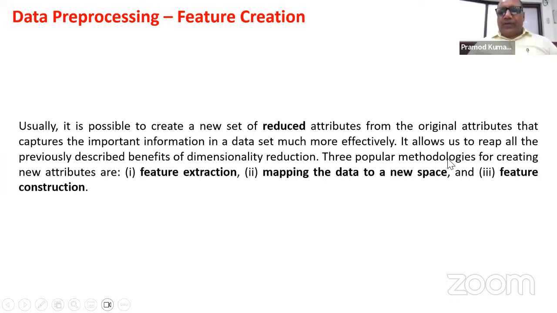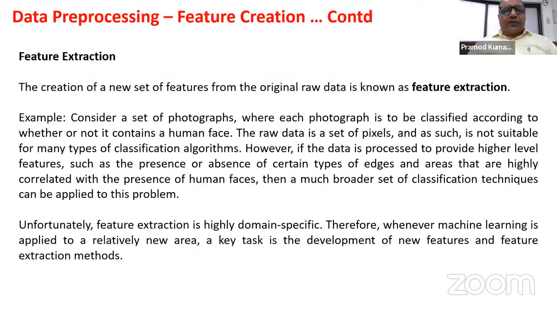The three popular methodologies for creating the new attributes are feature extraction, mapping the data to a new space, and feature construction. So what we do basically in feature extraction, the creation of a new set of features from the original raw data is known as feature extraction.